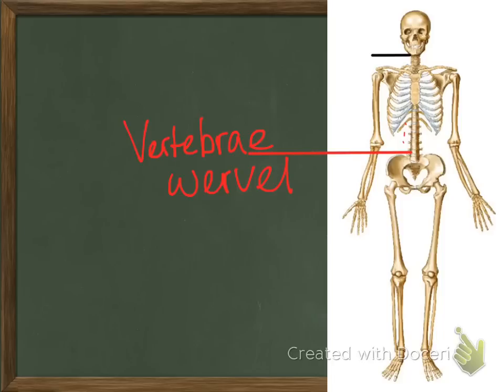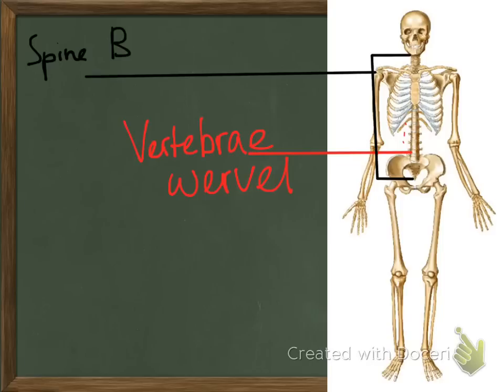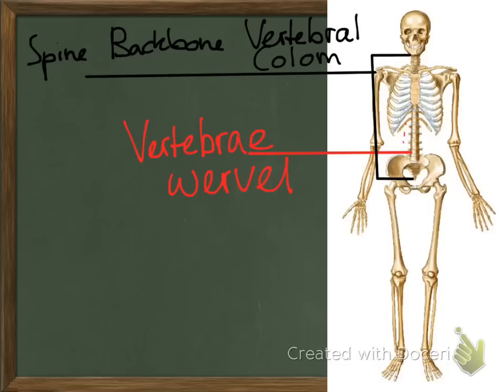They start from just on the base of our skull, just below our skull. They start, these vertebrae, and go all the way down to your buttocks, because we have a tiny tail, which is also an extension of our vertebrae. Altogether, this whole elongated line forms our spine, or backbone, or vertebral column.